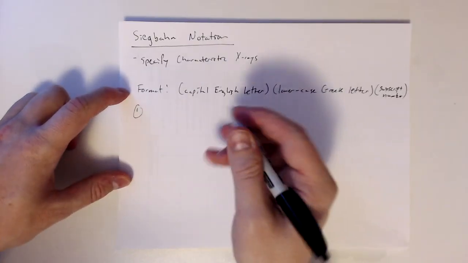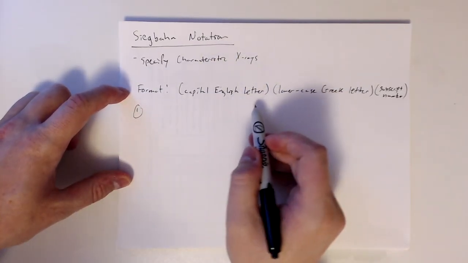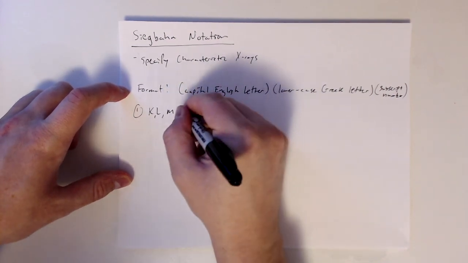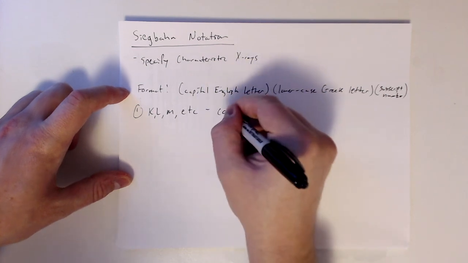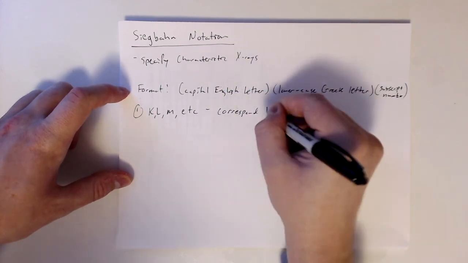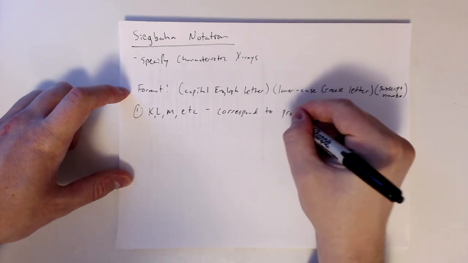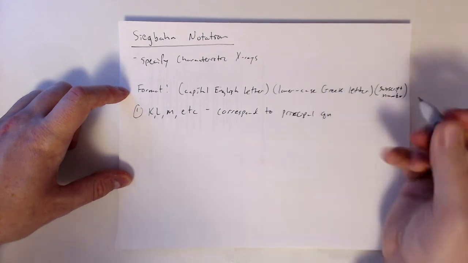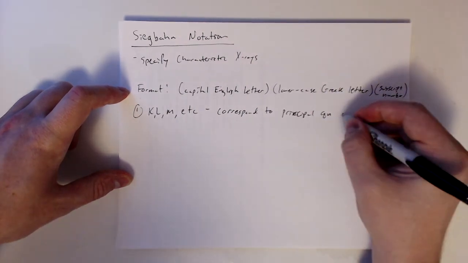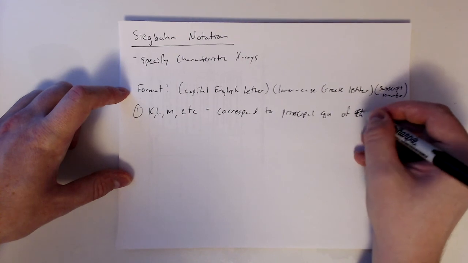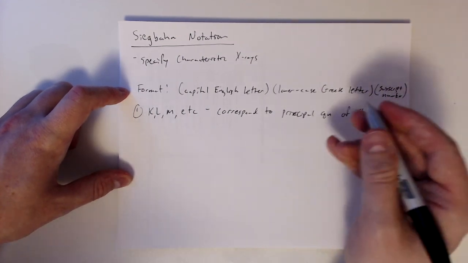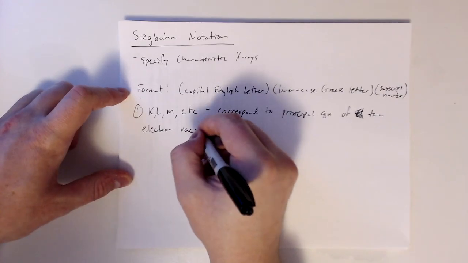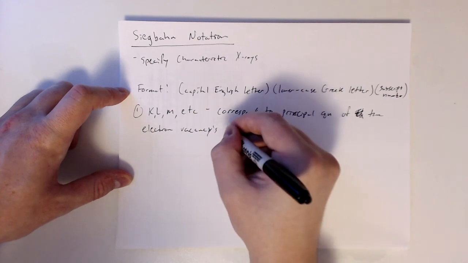So again, the capital English letter, so those are K, L, M, etc. And those correspond to the principal quantum number, Qn just for quantum number, of the electron vacancies shell.